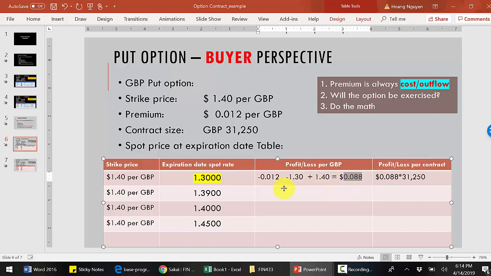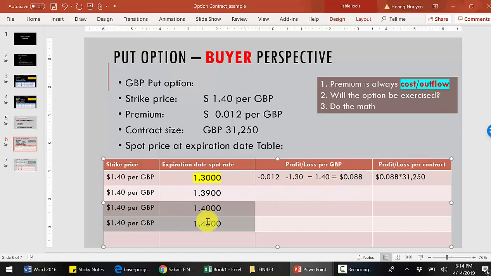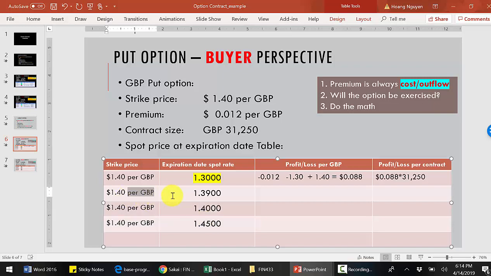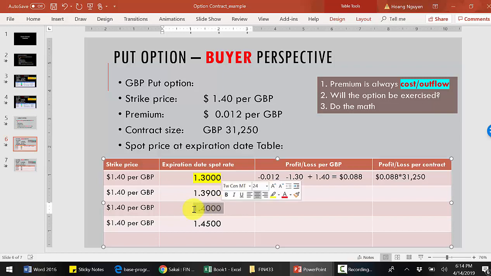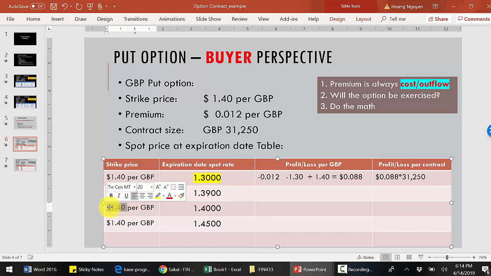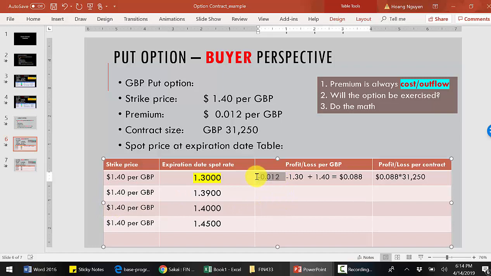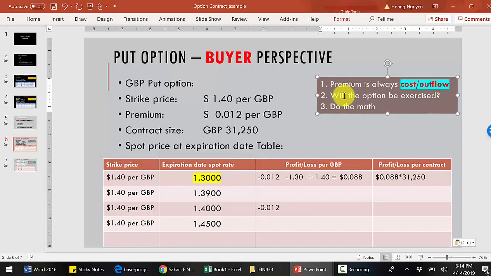Okay. Let's look at the other two situations. Now, when the expiration date spot rate equals the strike price, what will happen? First of all, the cost for you is always the premium. Second, will you exercise or not? In this case, exercising or not doesn't make any difference, right?